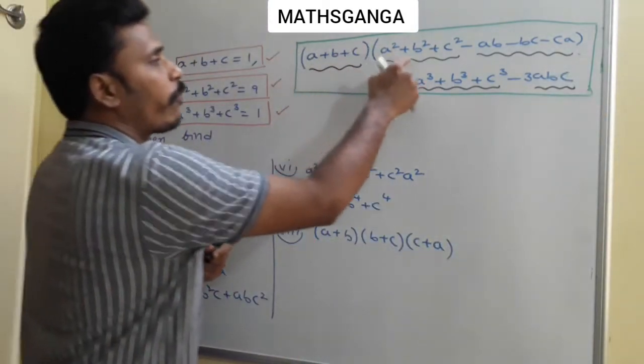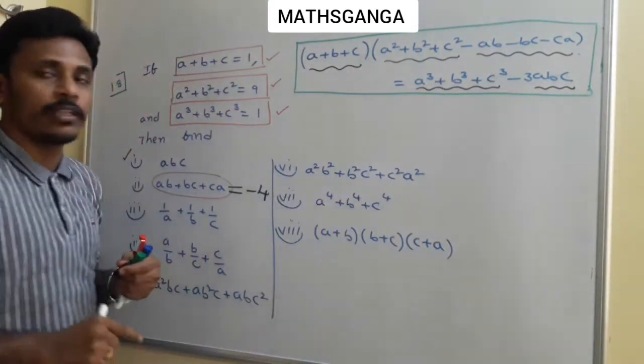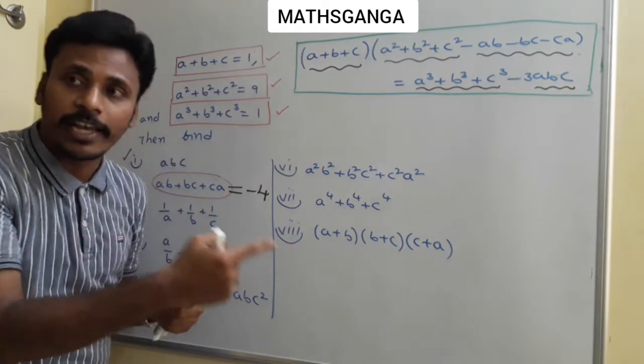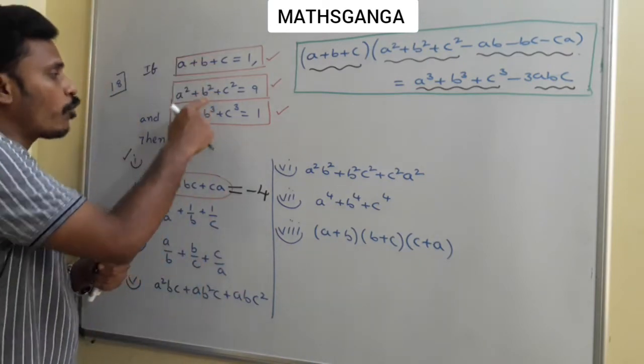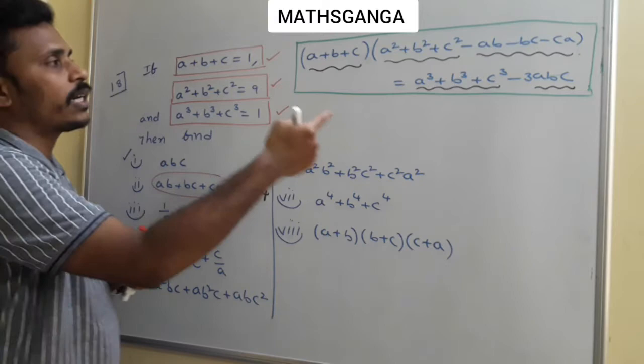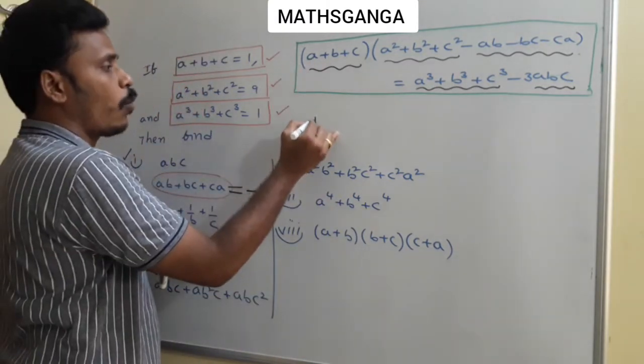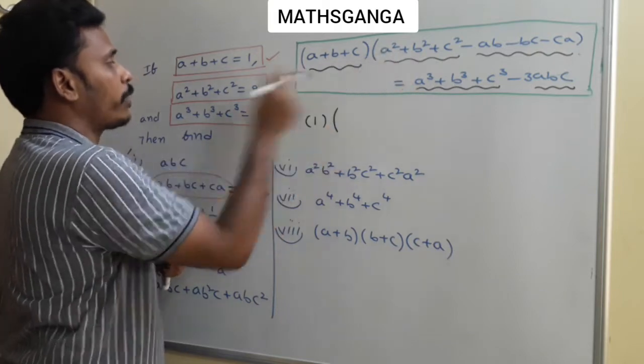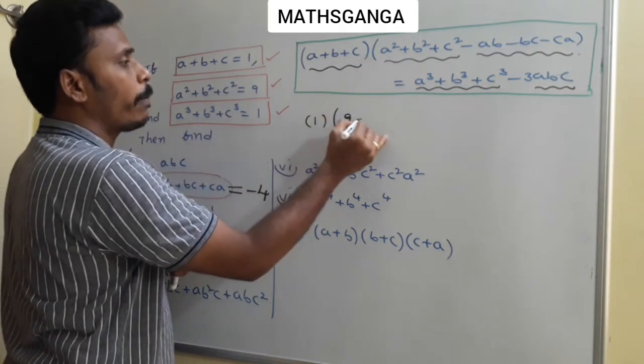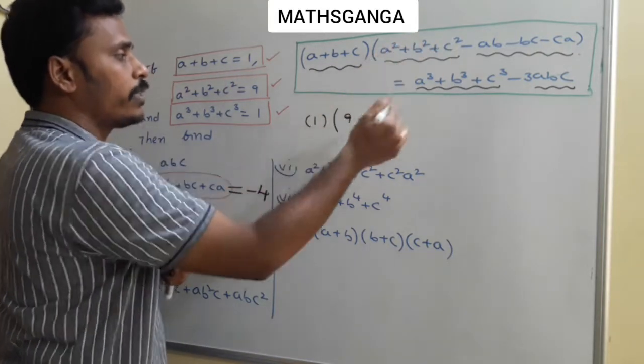So 4 different expressions are involved in this formula, and the fifth one, abc, I need to find. I am using that to find the fifth, abc. So now a plus b plus c, 1, into a square plus b square plus c square, 9, minus of ab plus bc plus ca.